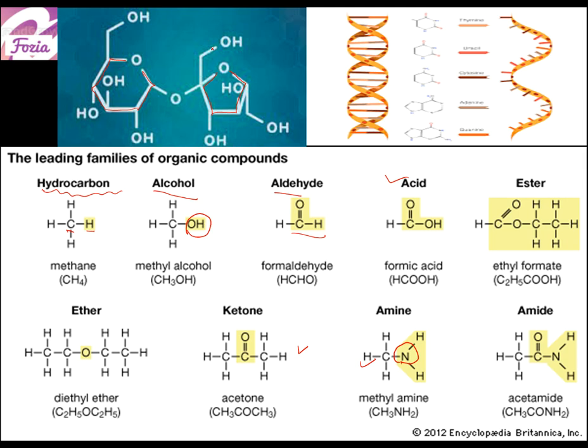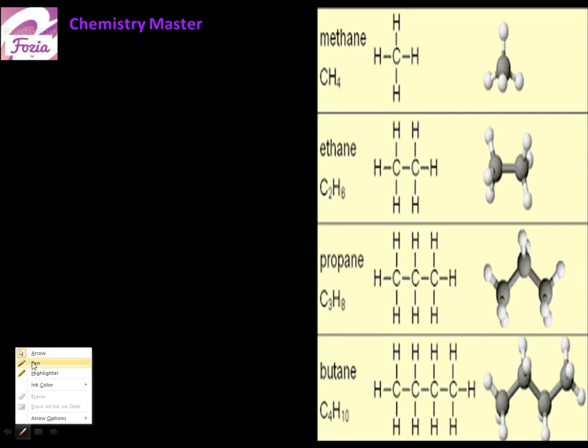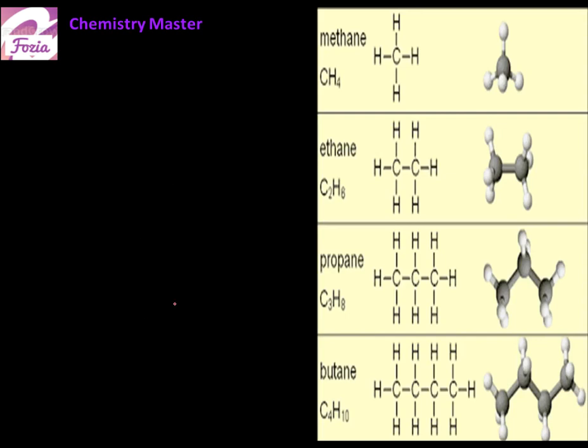If we study them all together, it would be a mess. So for the sake of ease in studying them properly, we classify them. We classify them in different families, in different groups, in different homologous series.